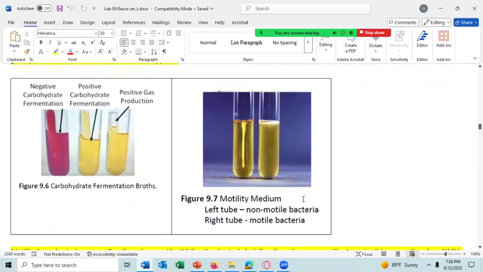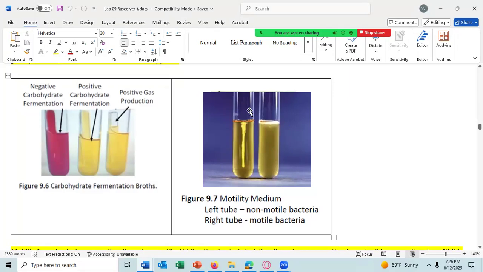The motility medium is a semi-solid media that when you inoculate it with the bacteria, if the bacteria can swim, the bacteria can swim through this very thin agar. I think the agar is 0.4%. And normally the agar is around 1%. And it can't swim through usually 1%, but it can swim through 0.4%.